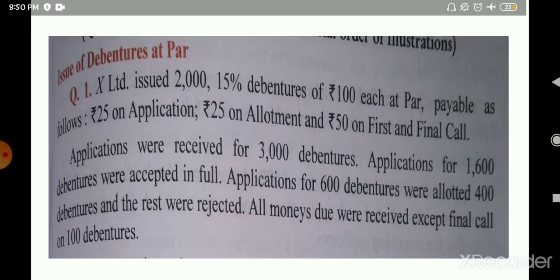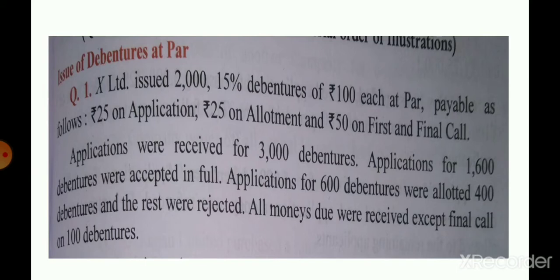X Limited issued 2000 15% debentures of 100 each at par value, payable as 25 on application, 25 on allotment and 50 on first and final call.